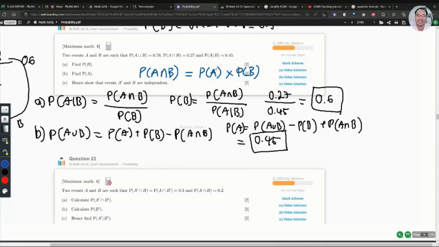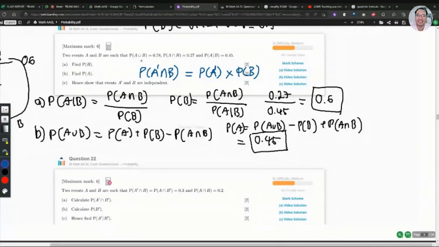Not A is 1 minus prob A. Oh, I haven't found prob A yet. And we haven't got the prob of not A and B either. We need to find that. Not A and B simply means the prob of B minus the intersection.